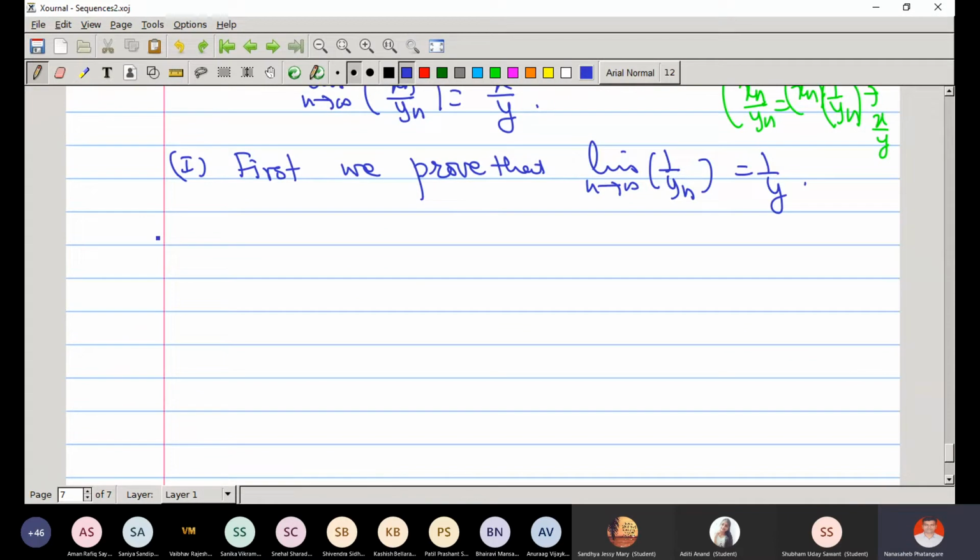Okay, so how to prove this? What is our claim? The limit of 1 upon yn is 1 by y. That is what we want.